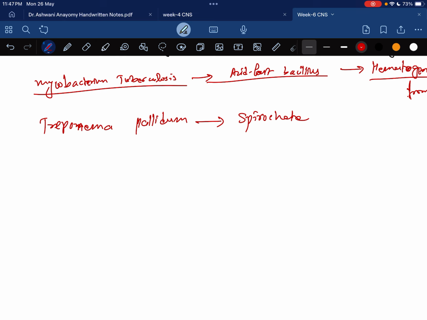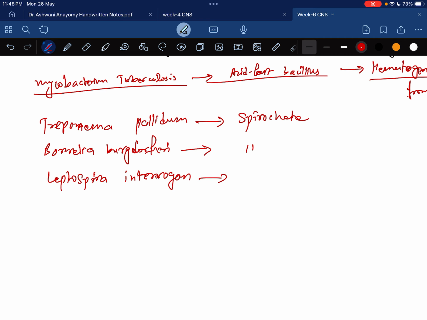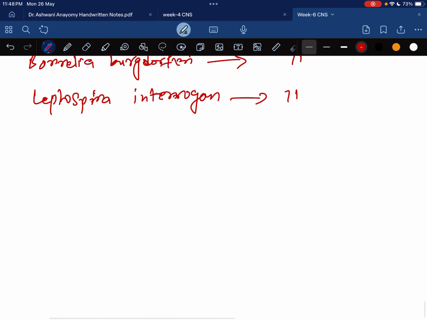It leads to neurosyphilis. Then there is another spirochete, Borrelia burgdorferi. Then Leptospira interrogans, which is also a spirochete. Then there is a gram-negative coccobacillus, Brucella species.